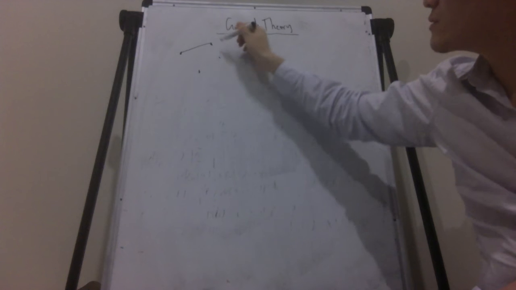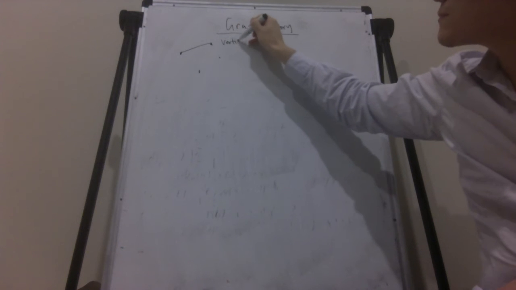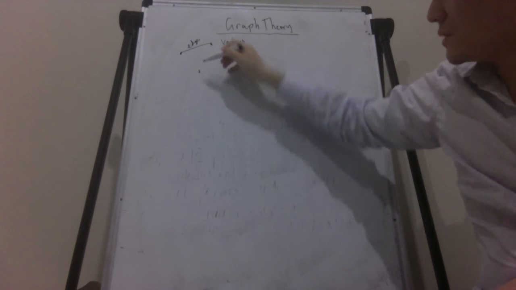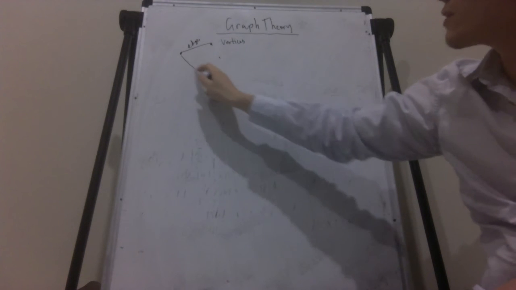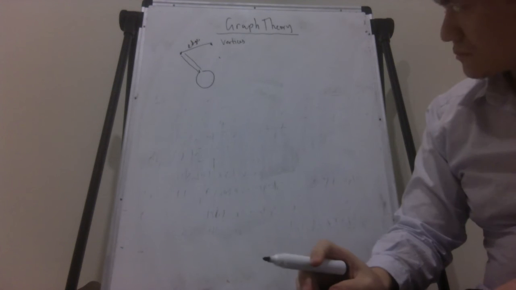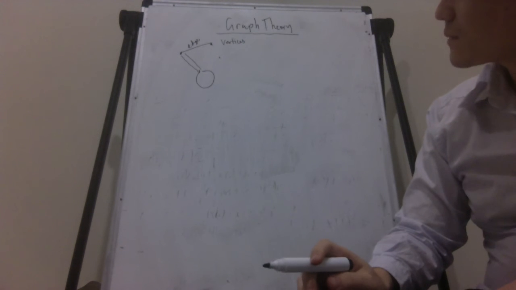These are called edges. This is like an edge. And edges could be kind of weird. There could be a double edge, there could be a loop to itself, okay?